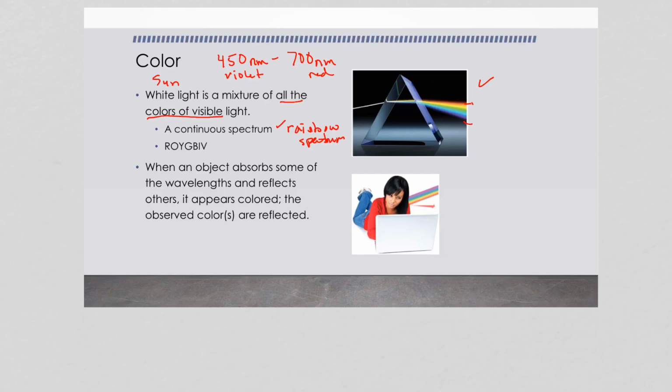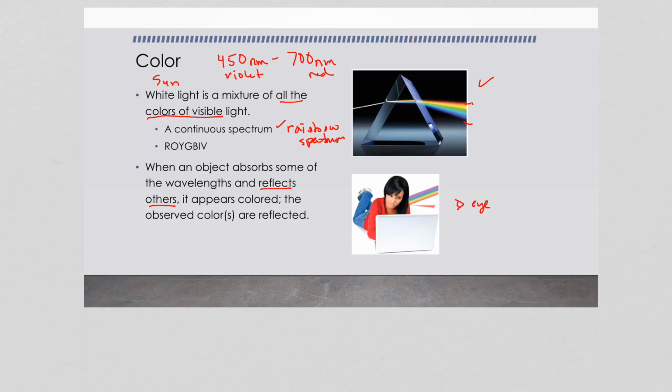And so if it absorbs certain wavelengths of light and reflects others, what we observe are the wavelengths that are reflected. For example, if this red sweater contains some sort of red dye that has the property of absorbing all of the colors of light except for red wavelengths, then what reflects off of that object and reaches our eyes over here is only the red light. And so it appears red to us.